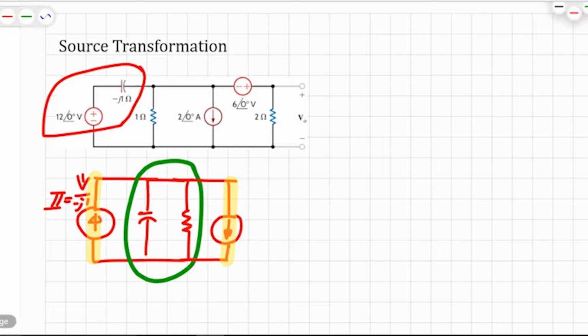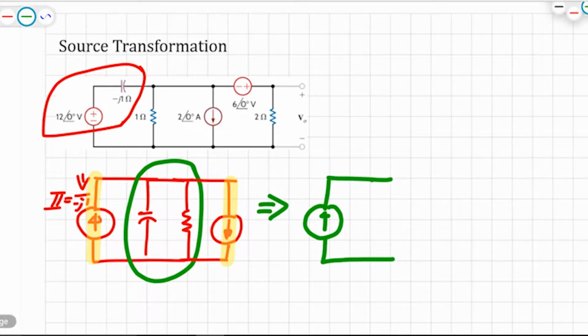Eventually this is going to be just one current source, whether going up or going down depends on the final result here, and in parallel with the combination of this. So I'm going to call this Z1, whenever that is.